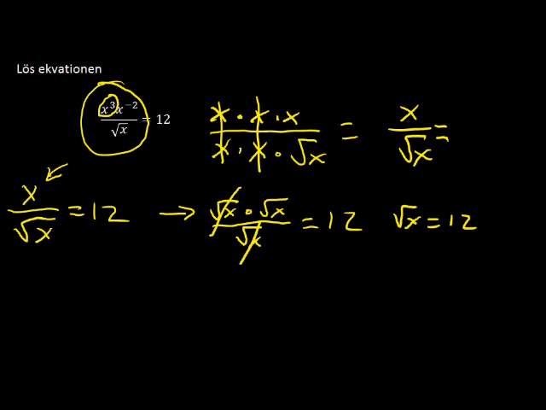So think of it like this. The square root of a number gives you 12. What number could do that? Well, 144 would work, because if you take the square root of that, you get 12. So x has to equal 144.